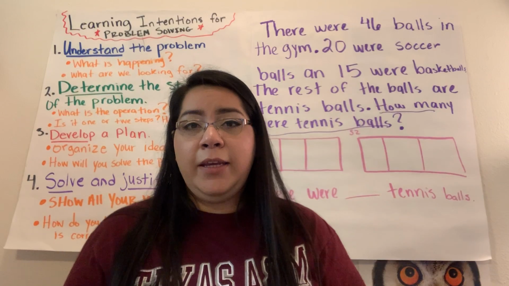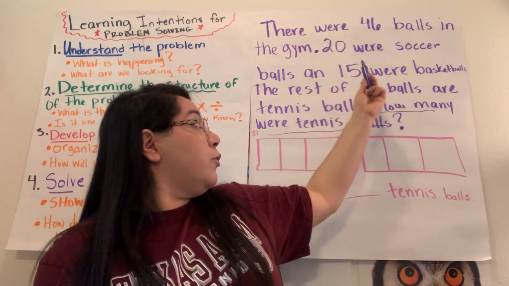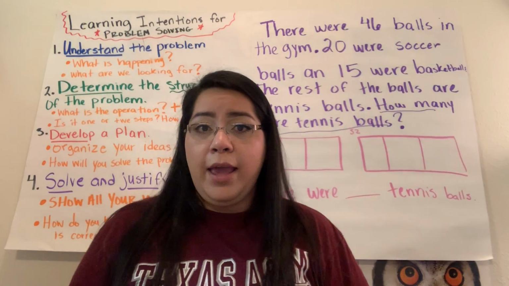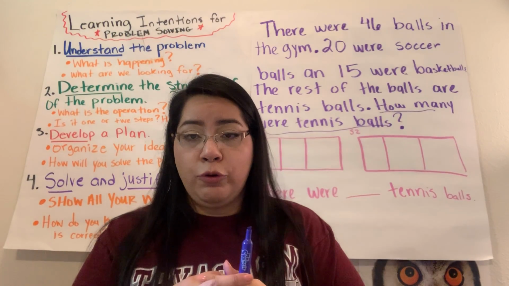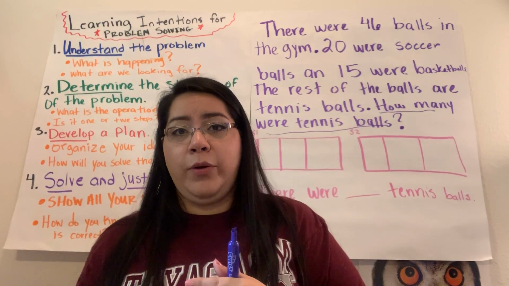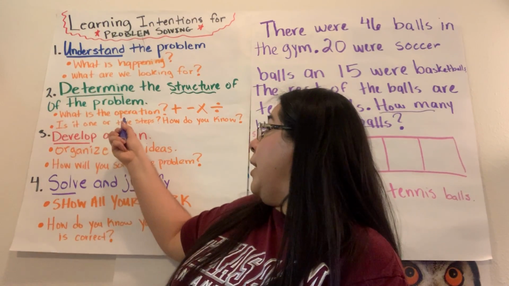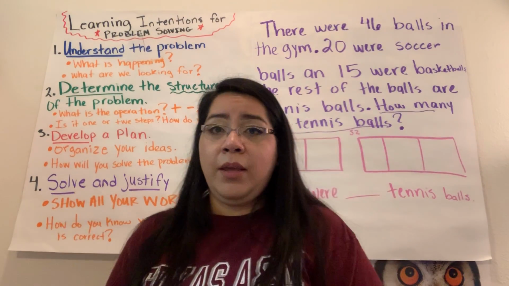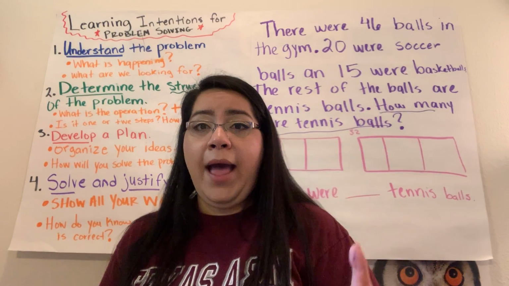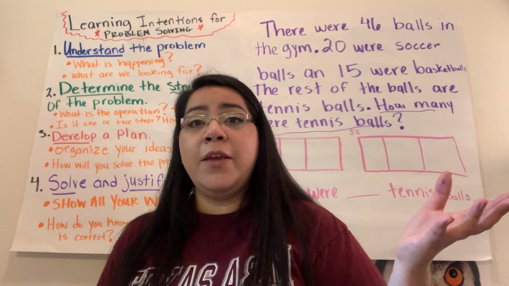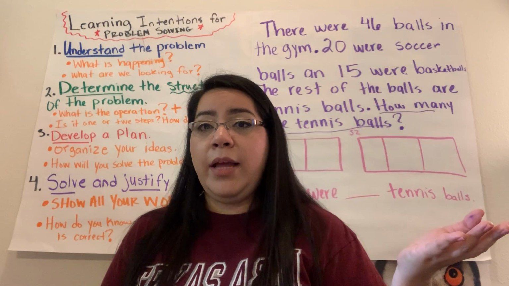So as you can see right here, they give us 1, 2, 3 digits, and 2 of them we're going to join. And then we have a 3rd one, and that's where you decide, okay, do I understand what is the structure of the problem? They want to know how many are tennis balls. They give you already the total. So that's what we're looking at.